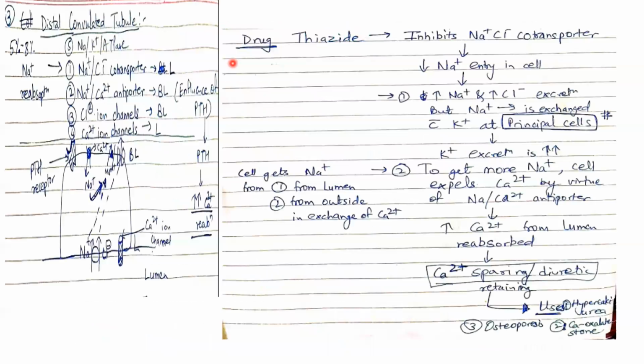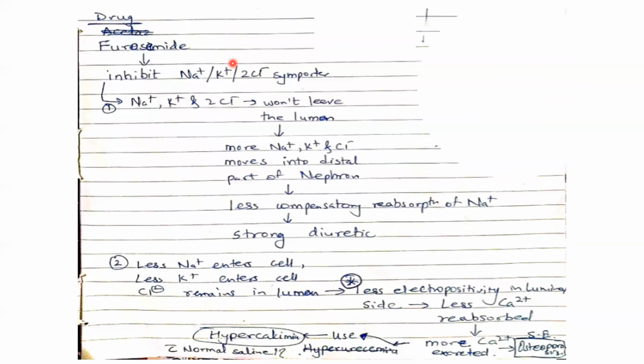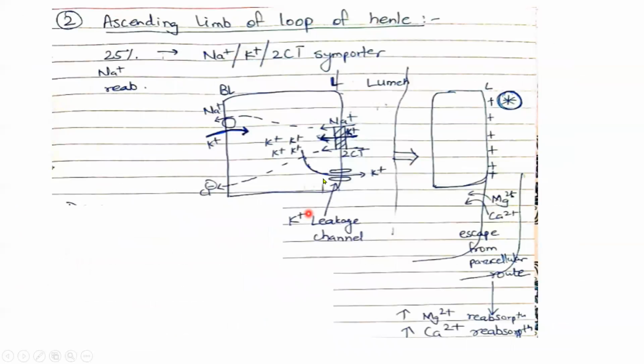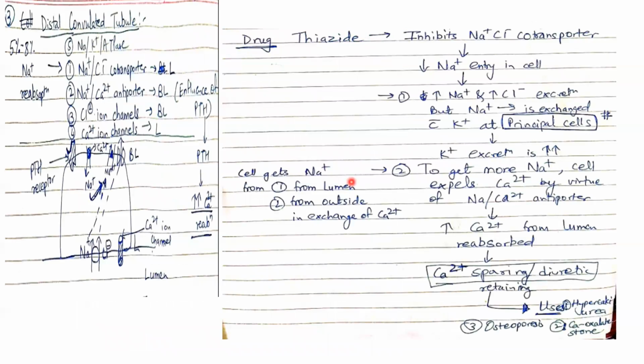You have to recall the previous video wherein furosemide inhibits the sodium potassium 2 chloride symporter present at the luminal site. If you remember this diagram, this particular transporter is present at the luminal site of the ascending limb of loop of Henle. What about thiazide?